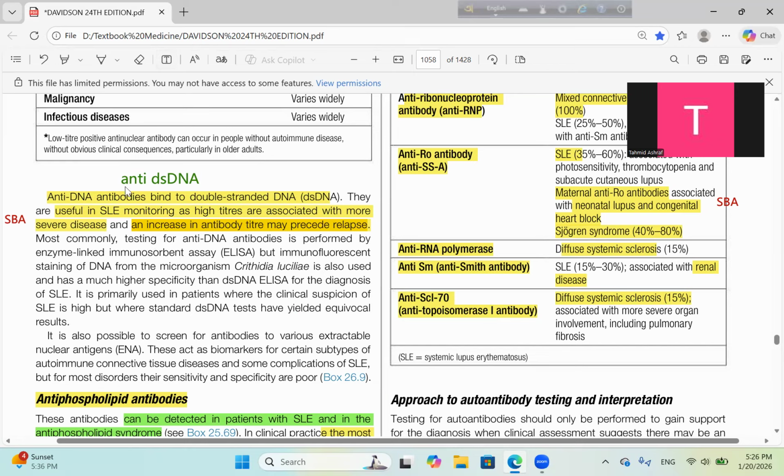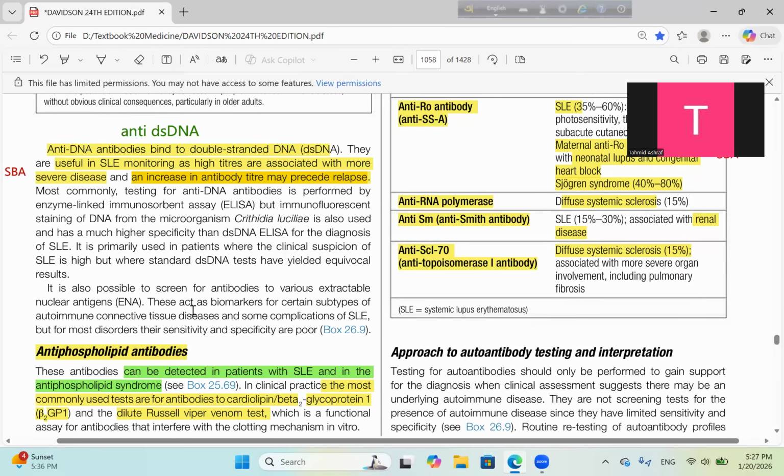If anti-DS DNA level is raised, SLE also has increased severity. And an increase in antibody titer may precede relapse. So if an SLE patient who was previously controlled with medications suddenly has increased anti-DS DNA, we will suspect that he has a relapse.